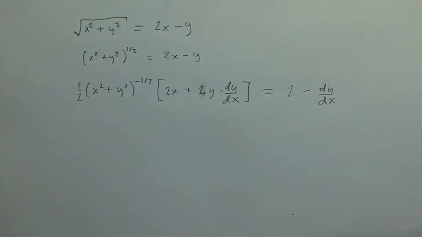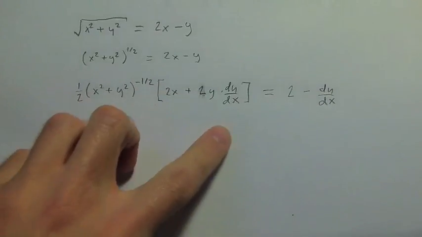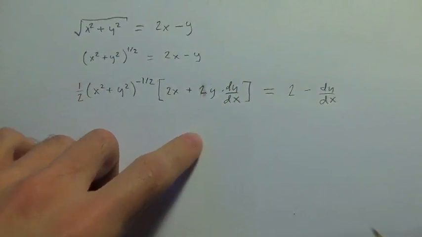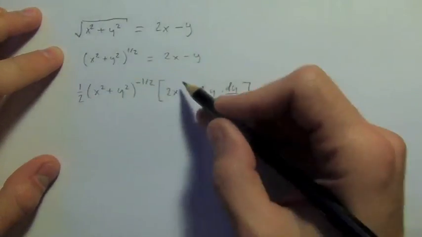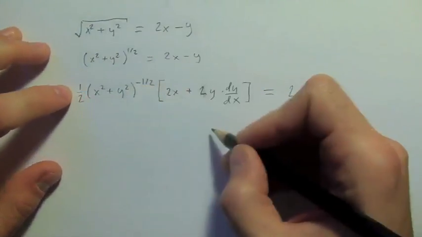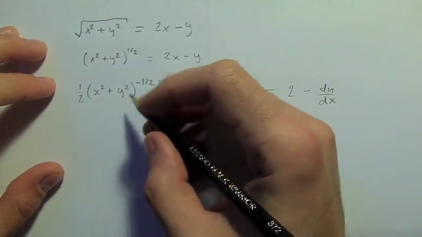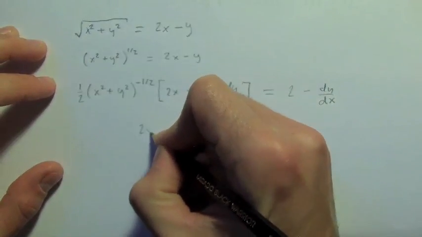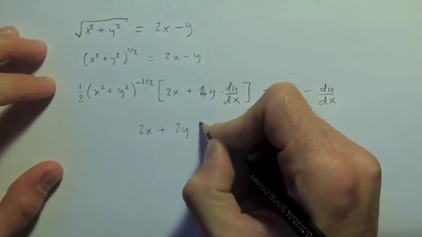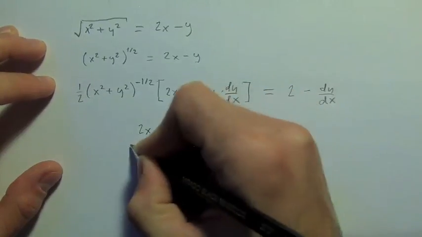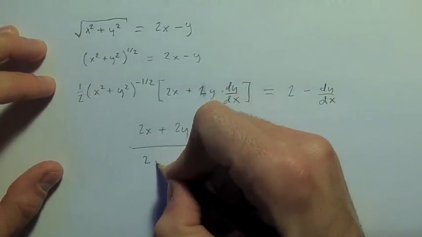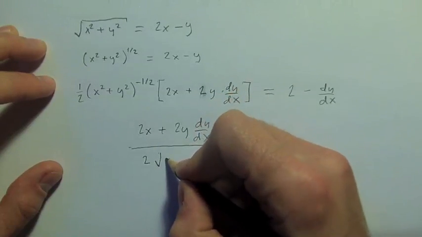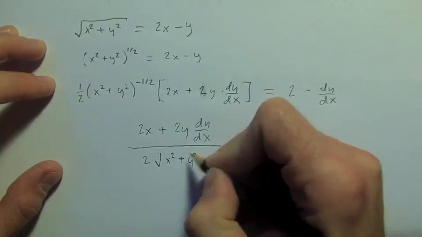Okay. Now, one thing that's going to make this a little easier to deal with is because I want to move my dy dx's to one side, divide by everything. If we rewrote this again, okay, move this underneath the fraction, this is essentially 2x plus 2y dy over dx all over 2 times the square root of x squared plus y squared, right?